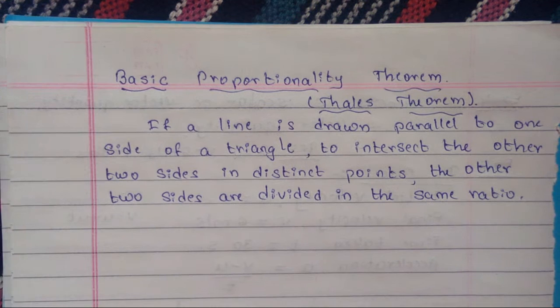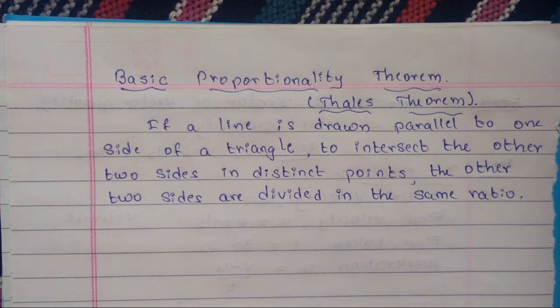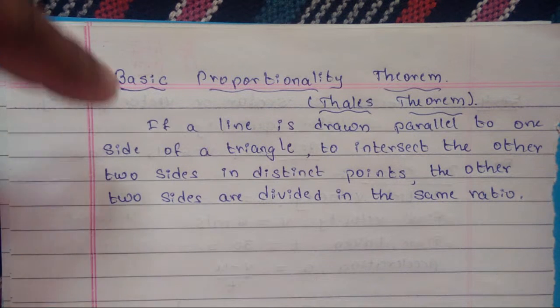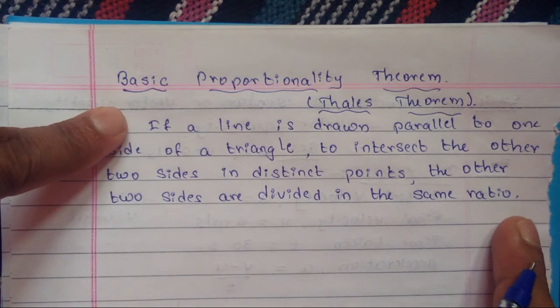So according to the statement, or the basic proportionality theorem states that, if they ask us to prove the side ratios are equal, then first we have to write the statement. That is, according to the basic proportionality theorem, or Thales' theorem states that, and you have to write this statement in double inverted commas.